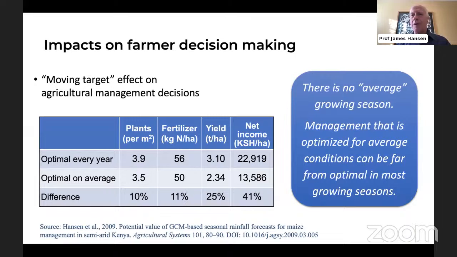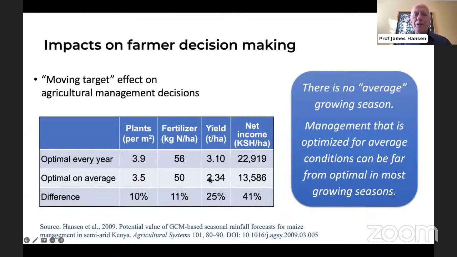But farmers don't know what the weather conditions will be like in each growing season. But let's assume that they have perfect knowledge of historical climate conditions, historical weather conditions, and they could select management that's optimal on average, that will maximize net income on average. So the average planting density and fertilizer rate are not very different between the two.